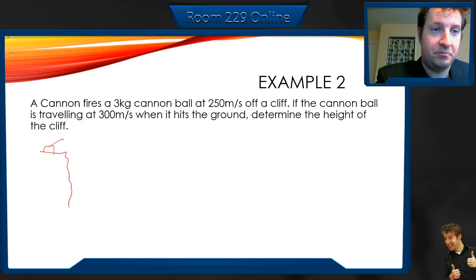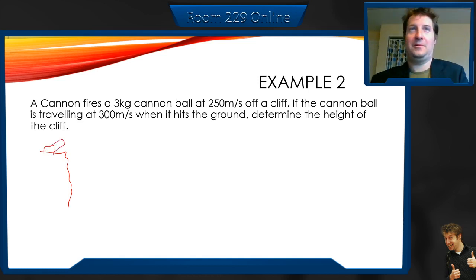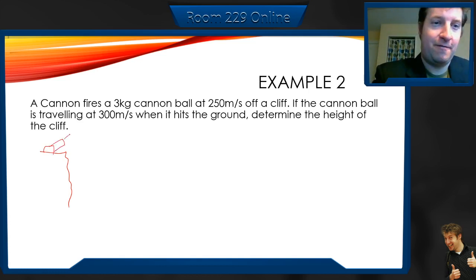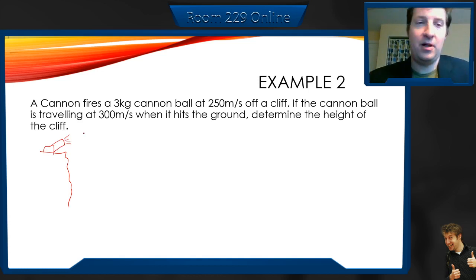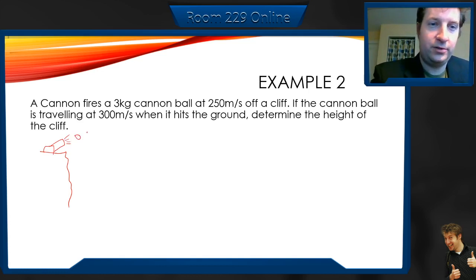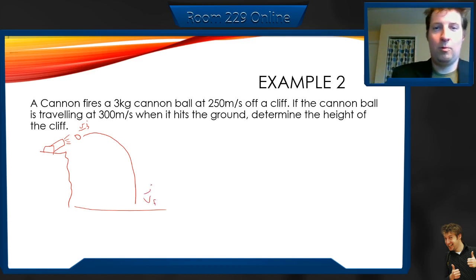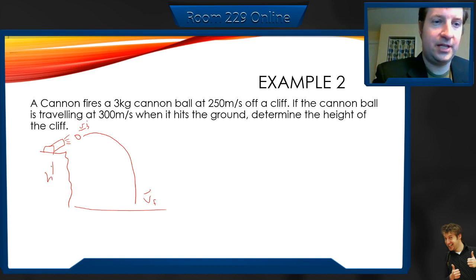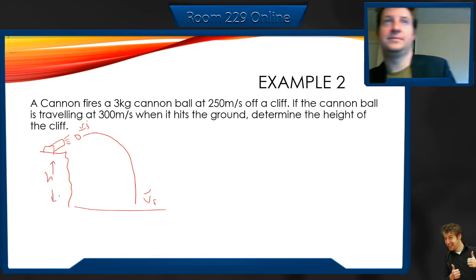All right, so the cannon, beautiful, and it's going to fire a cannonball. Off it goes, and it's going to hit the ground. It has an initial velocity, let's call it vi, and it has a final velocity vf. What is the height of the cliff? What is h? You don't know what that is.